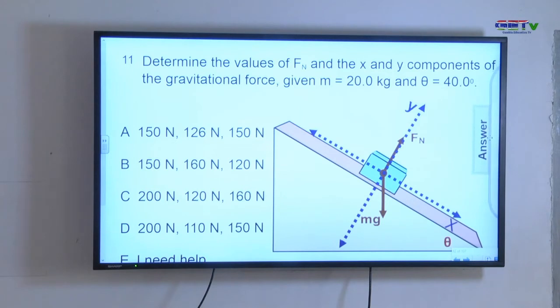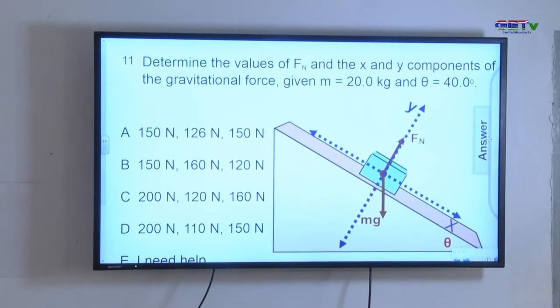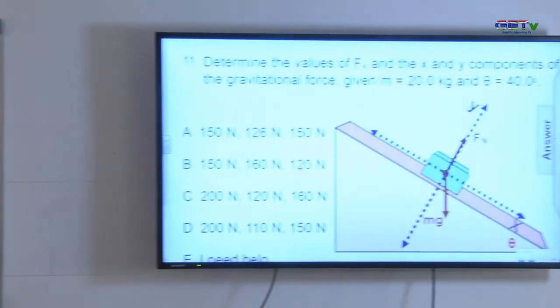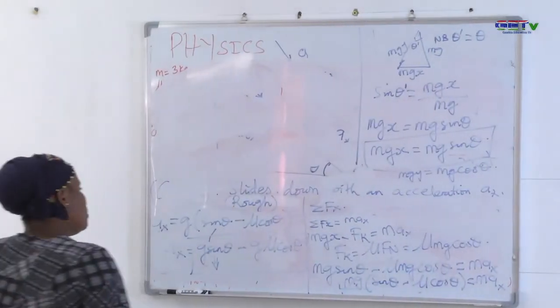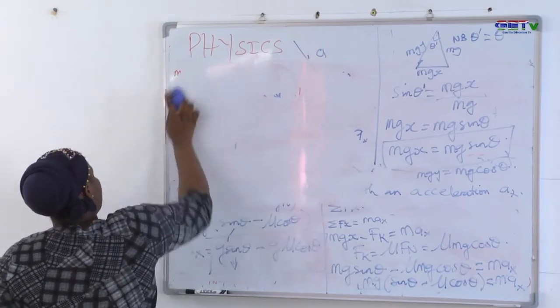Let's try this together. Determine the value of Fn and the x and y components of the gravitational force, given that m is 20 kg and the angle is 40 degrees. We are required to solve 3 problems here.